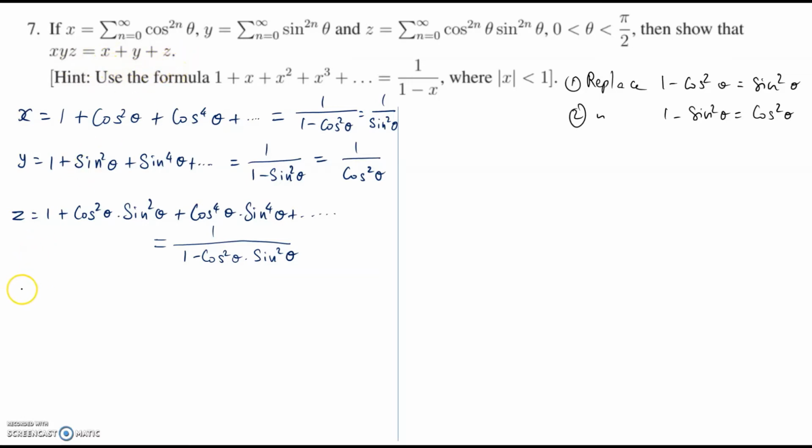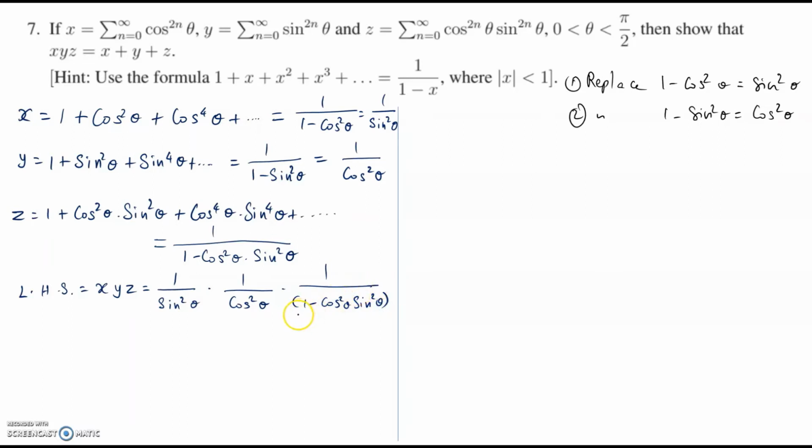So let's take the left hand side now, which is x, y, z. So let's multiply x, y, z. So it's going to be 1 by sine squared theta into 1 by cos squared theta, which is our y, into 1 by 1 minus cos squared theta sine squared theta.